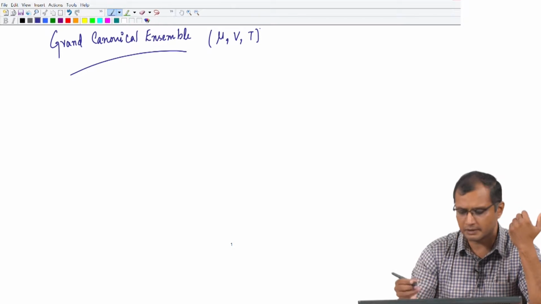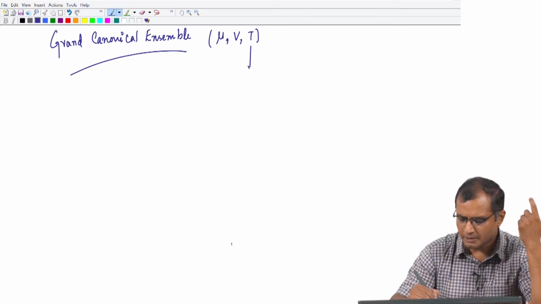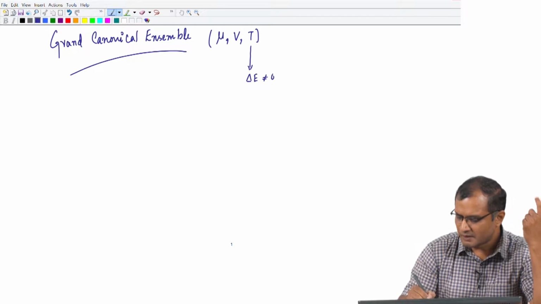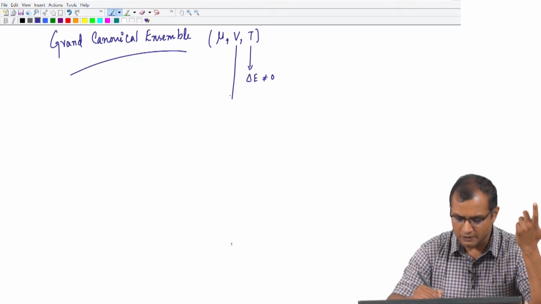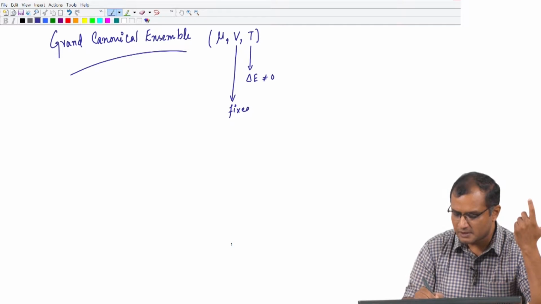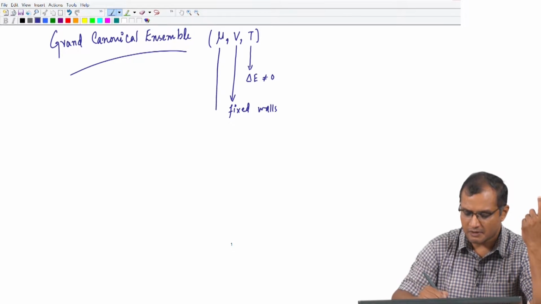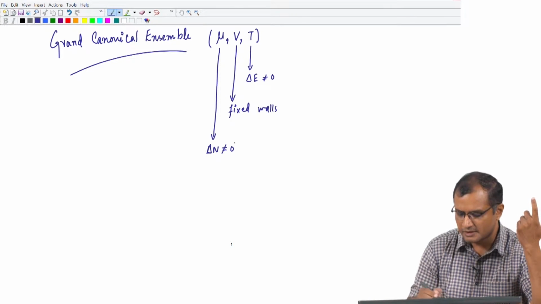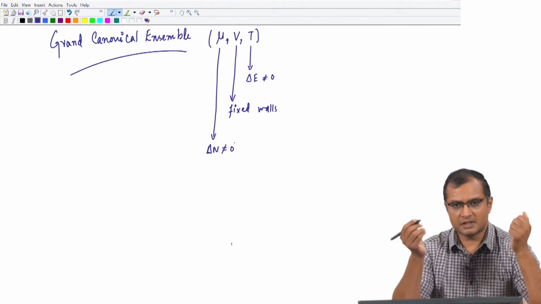And just to recall the important results, this temperature T was controlled by allowing exchange of energy with the reservoir, and volume was kept fixed by using fixed walls, and the chemical potential was kept fixed by allowing for exchange in the number of particles between the system and the reservoir.